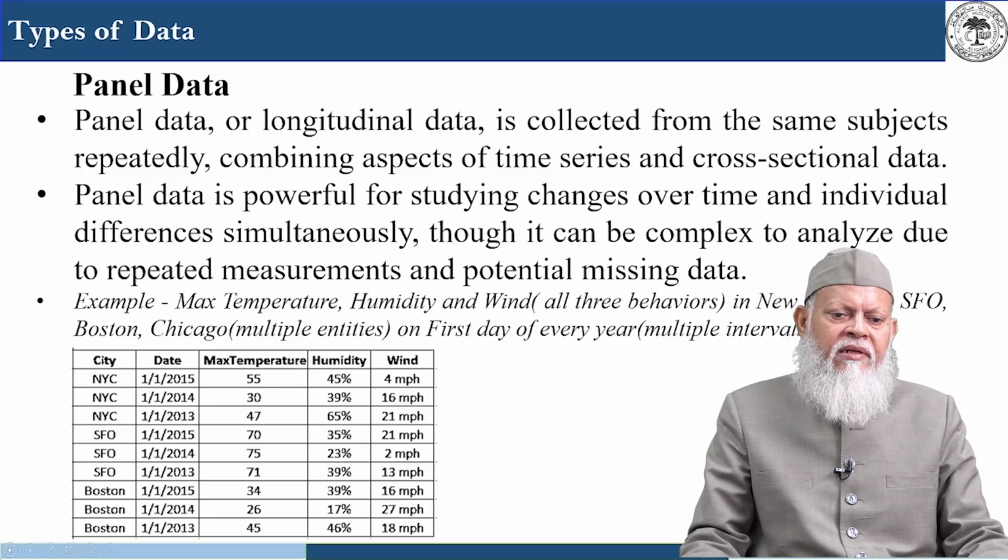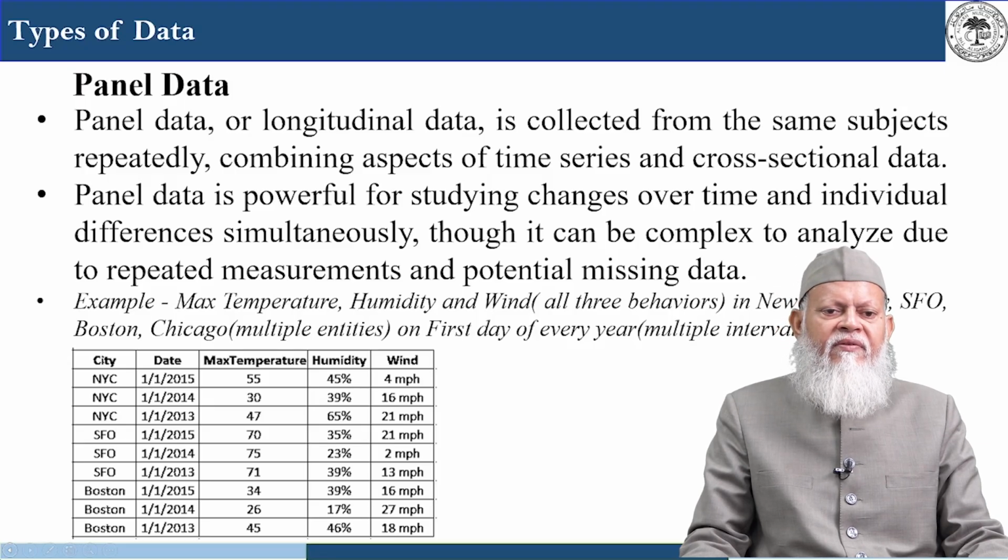Again, time periods could be monthly, weekly, or annually. Here in this example, it is annual for 3 years, and it gives data for the temperature, humidity, and wind data for these 3 years for different cities.